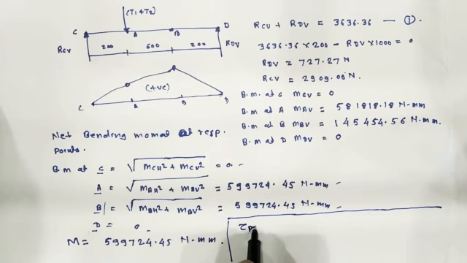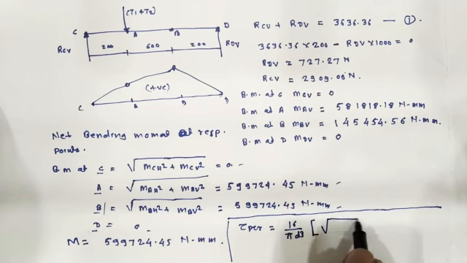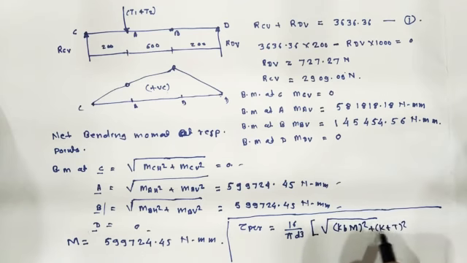Tau permissible is equal to 16 upon pi d cube, in bracket Kb M square plus Kt T square, bracket complete.